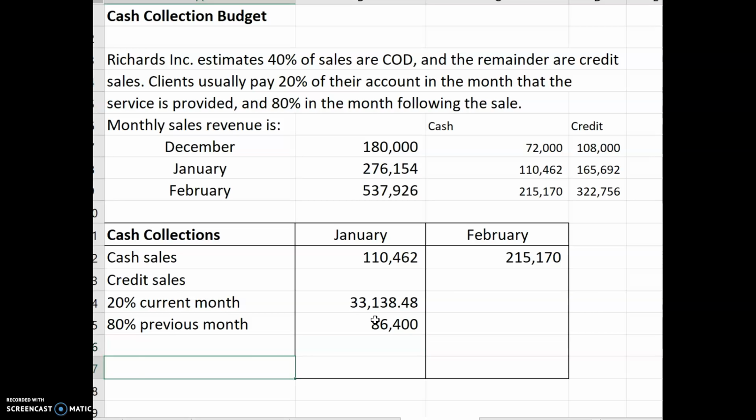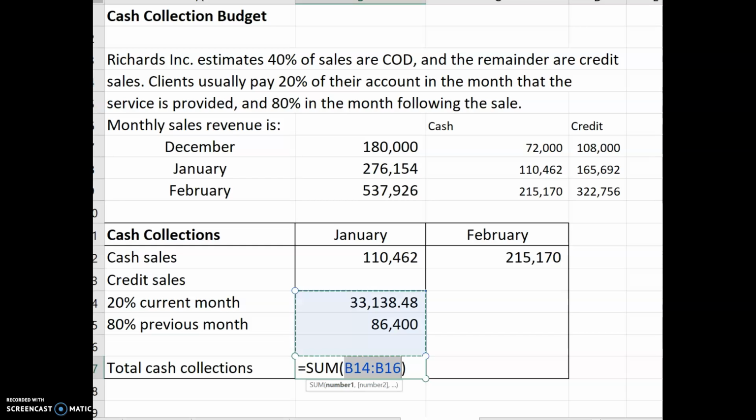So the total cash collections in January is the cash sales for January, 20% of the January's credit sales, and 80% of December's credit sales. So we will be receiving cash of $230,000 in January.